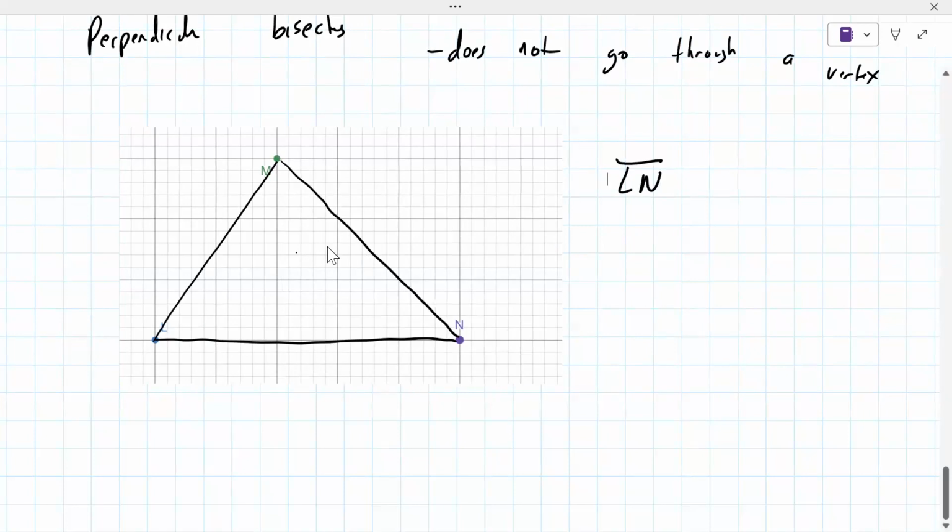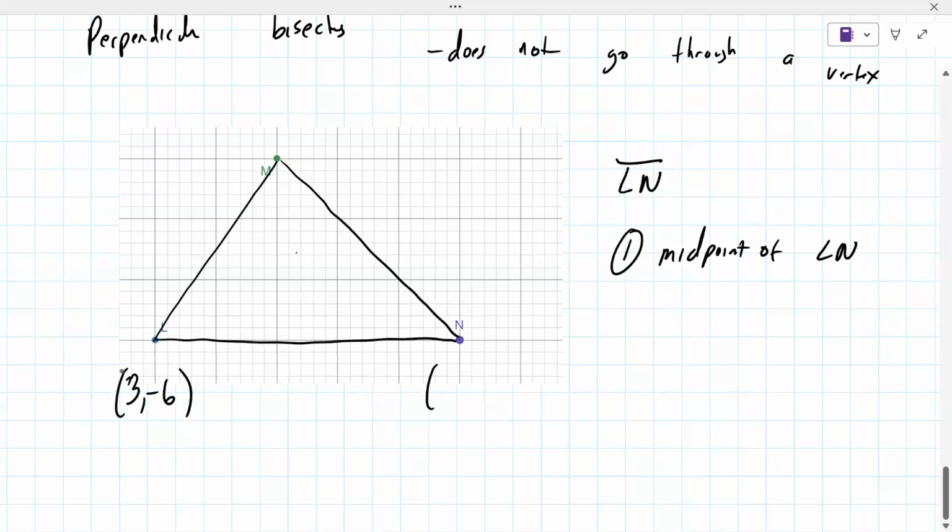So to find the perpendicular bisector, you first find the midpoint of LN. Let me throw those coordinates up here: 3, -6 and 8, -6. You can either use the midpoint formula or you can just sort of justify it.